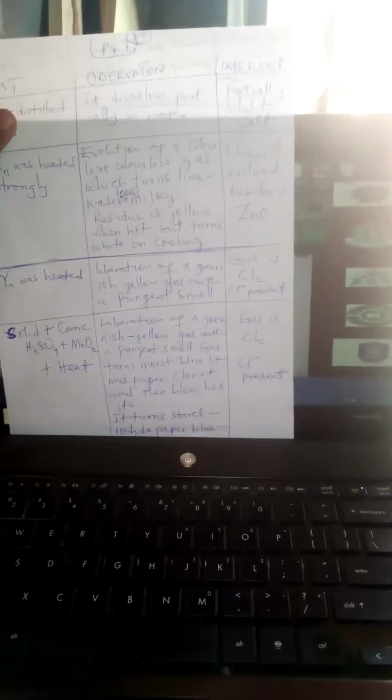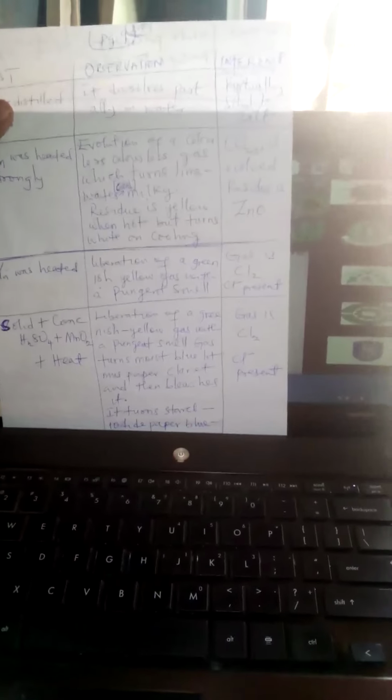Then what is your observation? Liberation of a greenish yellow gas with a pungent smell. And the gas is what? Cl2. That is, Cl minus is present. Then we can also have solid plus conc H2SO4 plus MnO2 plus heat.